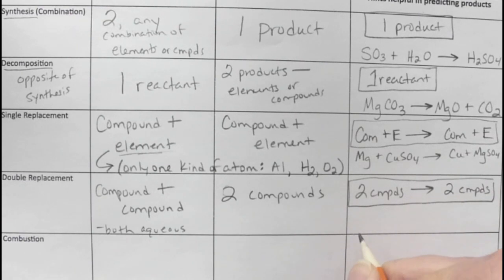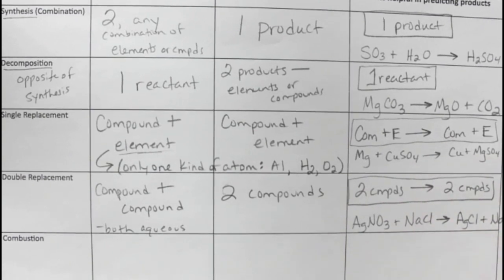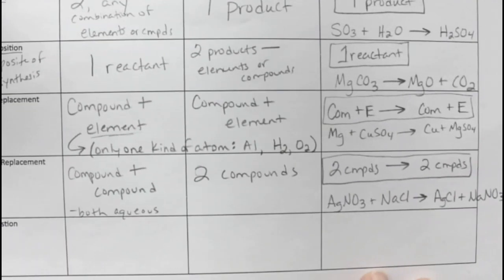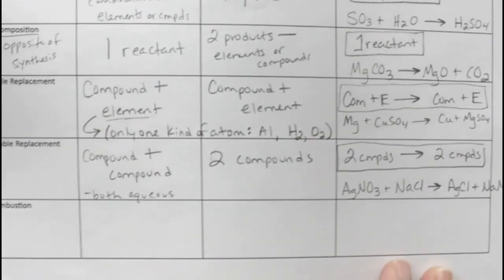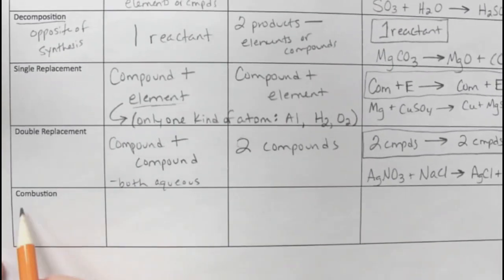And so when I have an example one here, silver nitrate plus sodium chloride will produce silver chloride plus sodium nitrate. That's our example one for double replacement. For the last one is combustion.